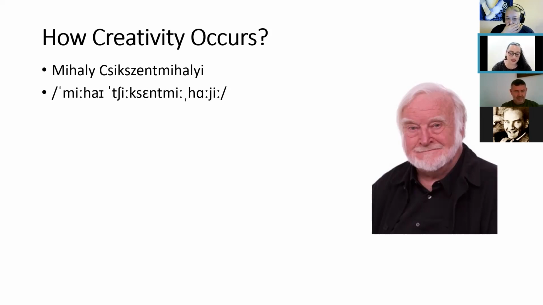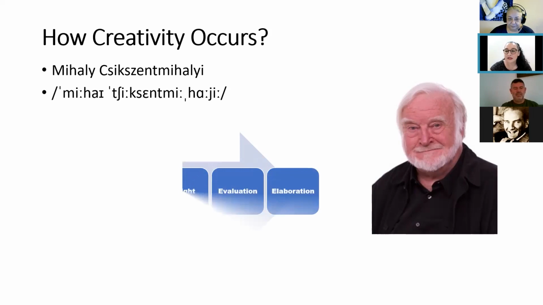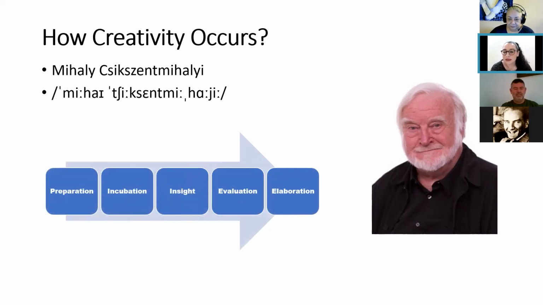He is one of the most important figures in creativity research. According to Csikszentmihalyi, creativity occurs in five different stages. The first stage is preparation. It is focusing on the problem and gathering resources, including information, clues, or facts. The next stage is incubation.